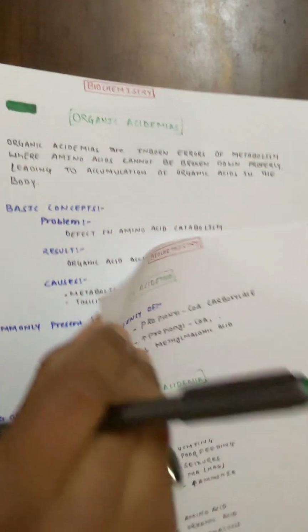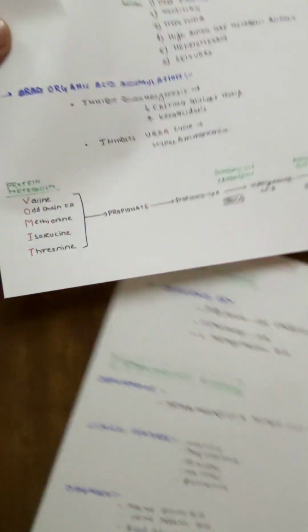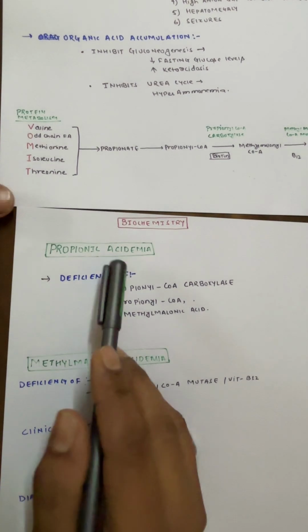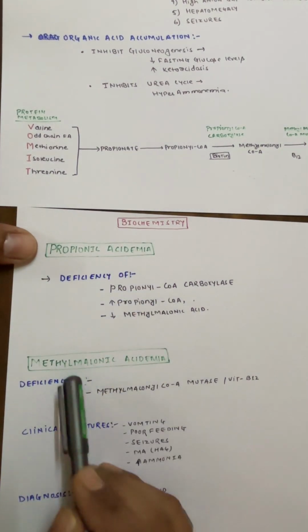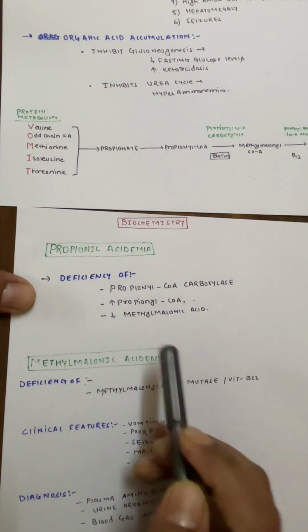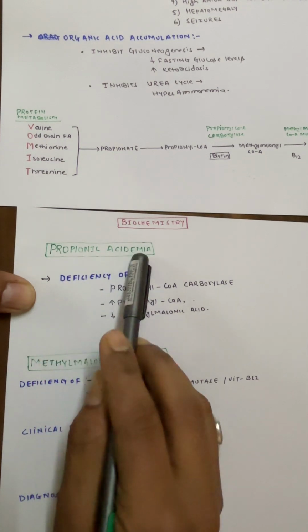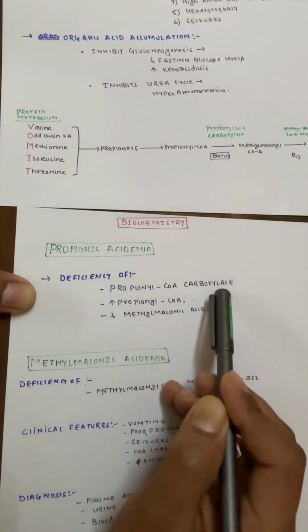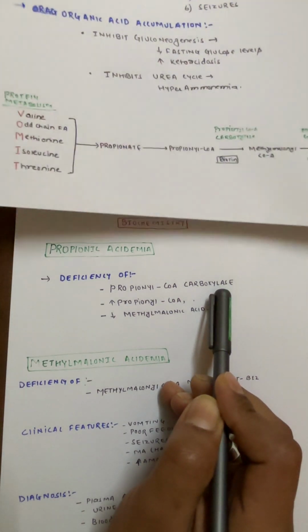Now let's see what problem actually occurs. One is propionic acidemia and one is methylmalonic acidemia. In propionic acidemia, there will be deficiency of propionyl coenzyme A carboxylase. Now see in this image.